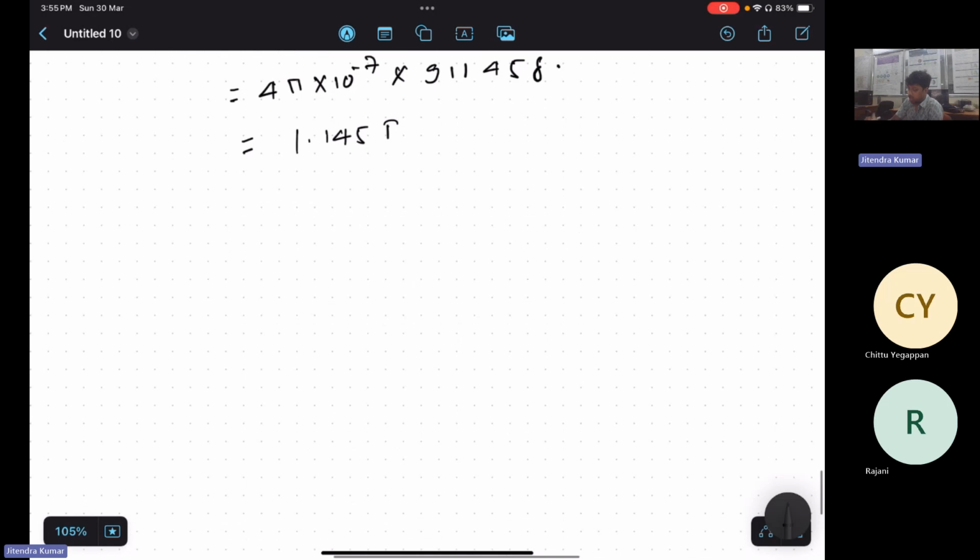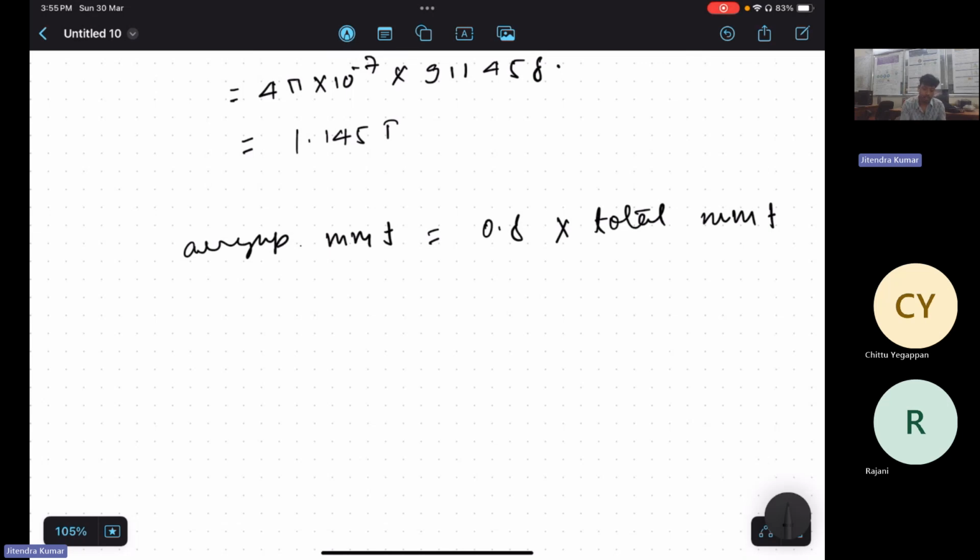You got my point. Ideally, how much is it? 1 divided by 1.2. Ideally, it is 0.833. So because of that, so much difference might be coming.